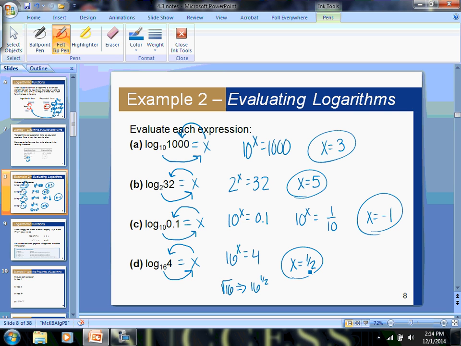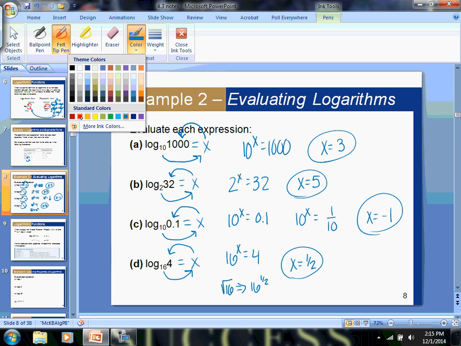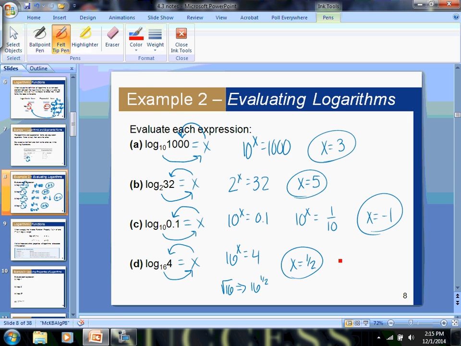Now there are other ways to solve these problems. How you learned in Algebra 2 was that the bases had to be the same. So the 16 and the 4, you need those bases to be the same. So 4 squared is 16, and that's 4 to the first.